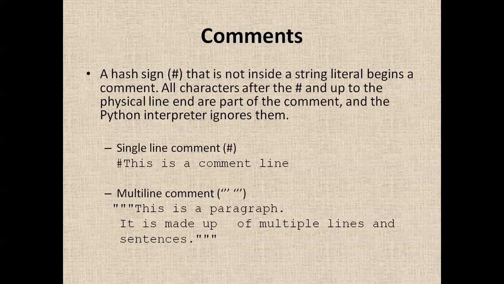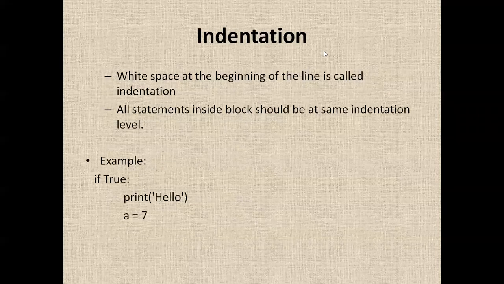Now we'll move to the next topic, which is indentation. Indentations are the white spaces at the beginning of a line. All the statements inside a block should be at the same indentation level. Here one example is taken. If statement is taken: if true, we need to execute these statements. Two statements are given within the if block: print hello and a is equal to 7.